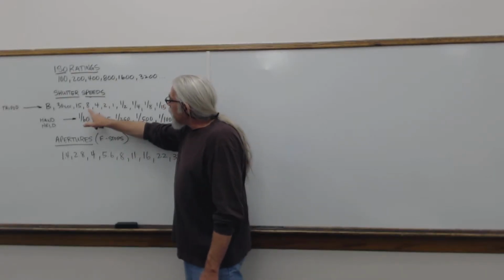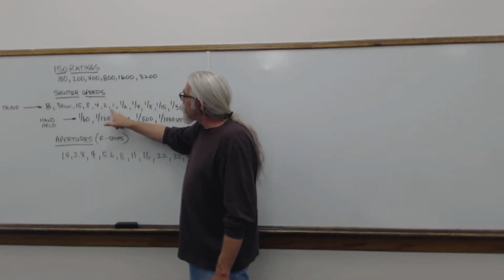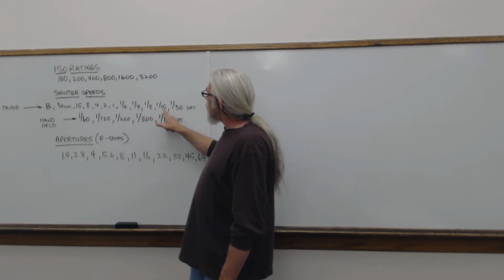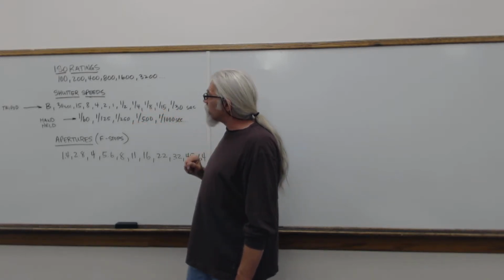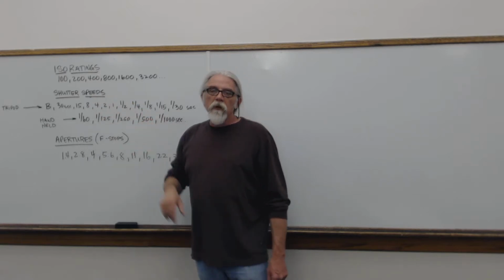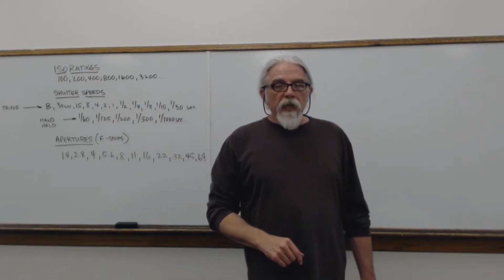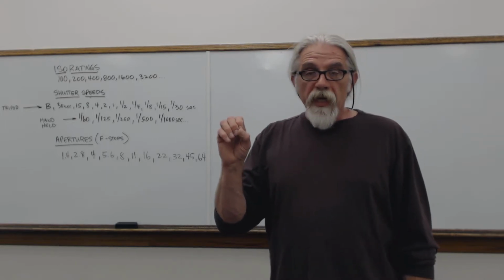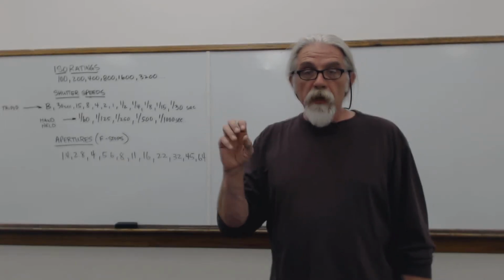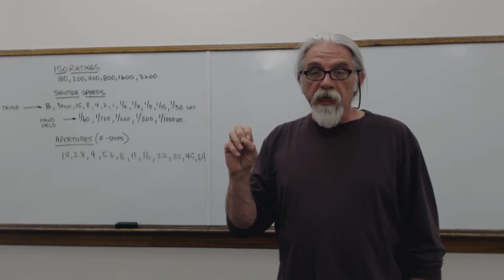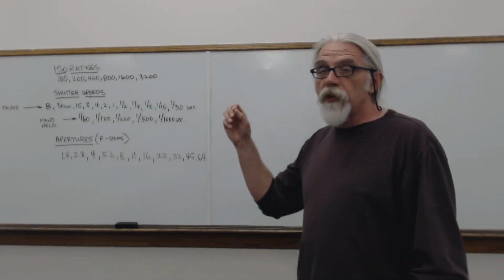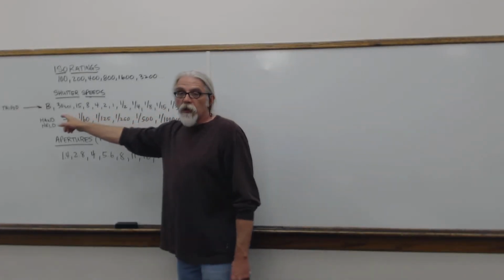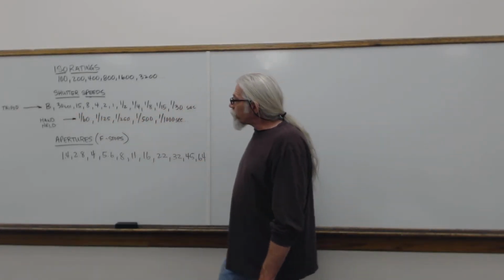But 15 seconds, 8 seconds, 4 seconds, 2 seconds, 1, a half a second, a quarter of a second, an eighth of a second, a 15th of a second, a 30th of a second. These are all very slow shutter speeds. In other words, the CCD or a mechanical shutter would open and close at 1/30th of a second, or at 2 seconds or 4 seconds, depending upon how much light we wanted to allow in.